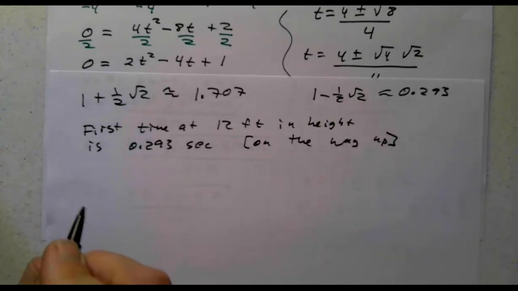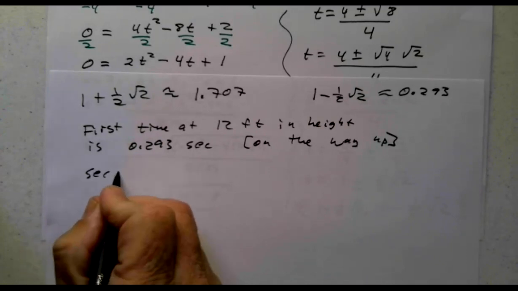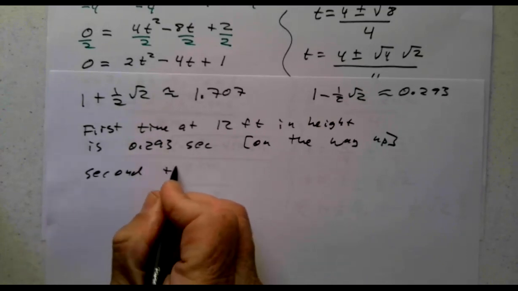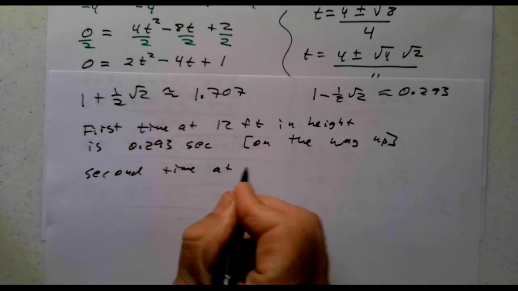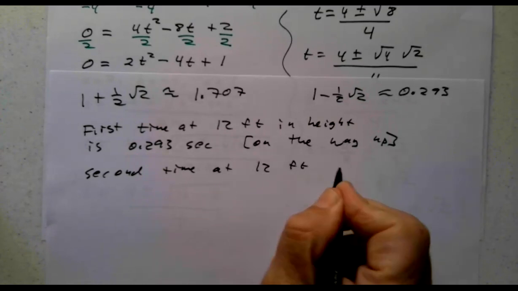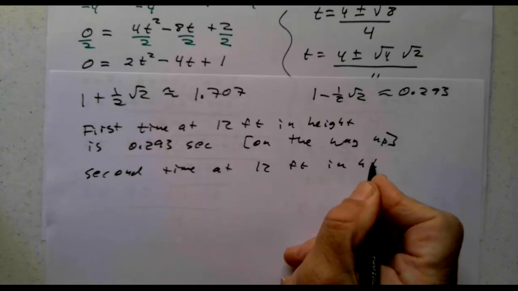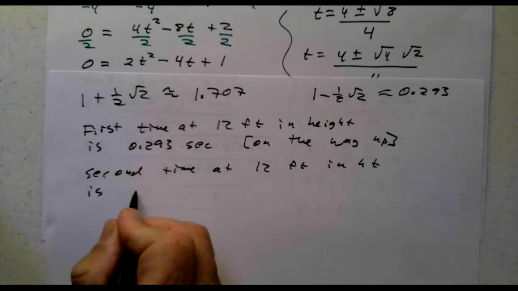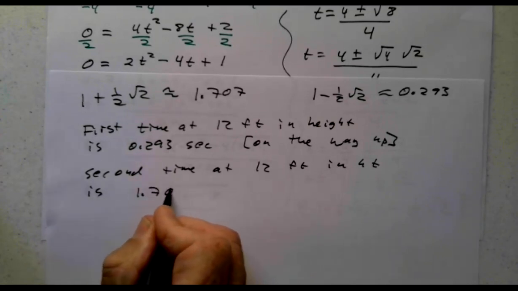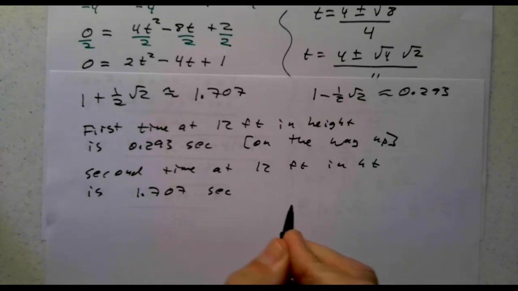And then the second time at 12 feet in height is about 1.707 seconds. So that's on the way down.